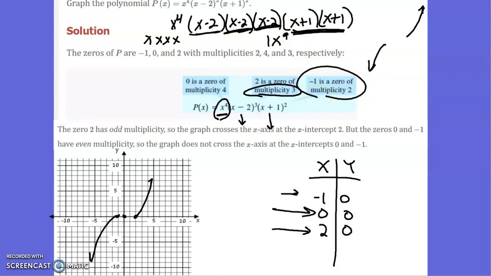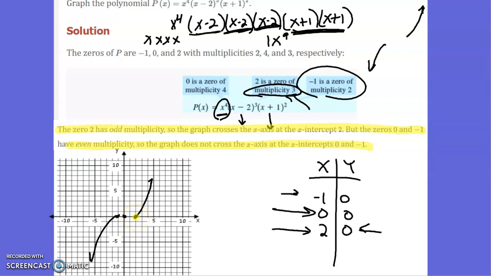I have an interesting comment here that you need to pay attention to. The zero at 2 has an odd multiplicity, so the graph crosses the x-axis at the x-intercept 2. Let me highlight it.